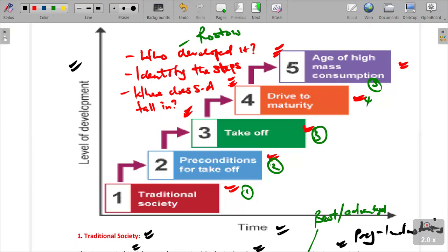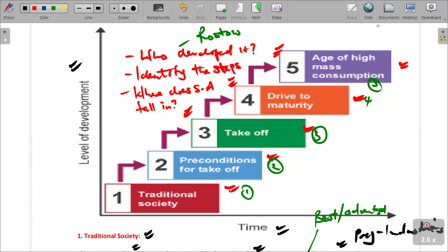They can ask all of them. And again, they want you to know the characteristics and features of each of the developmental stages that are shown there. And then finally, they would also ask you at which stage South Africa falls according to this developmental model, and then give reasons why you say that.